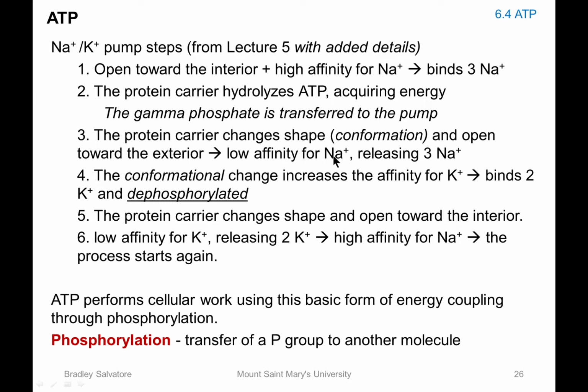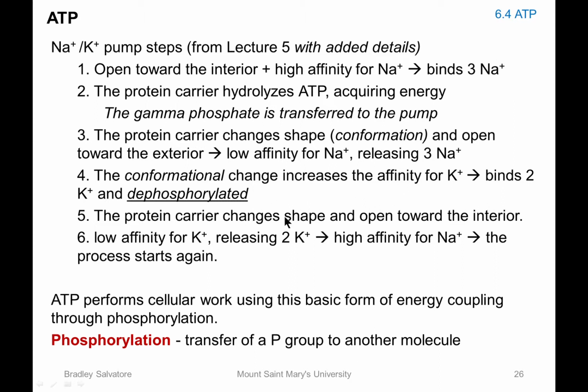After the Na has left, the pump doesn't have a high affinity for Na+ anymore. It will now have high affinity for potassium ion, or K+, and it will bind 2 potassium ions. When it binds the potassium ions, it will be dephosphorylated. What that means is the phosphate group will leave the pump, causing it to once more change conformation and now open toward the inside of the cells.